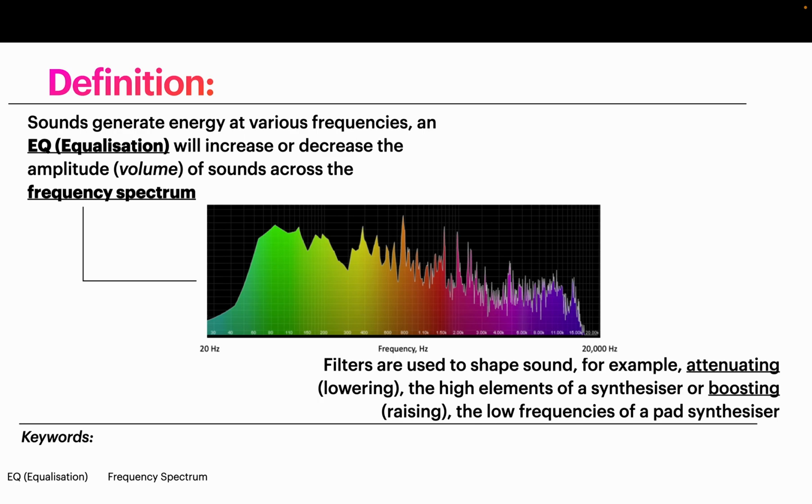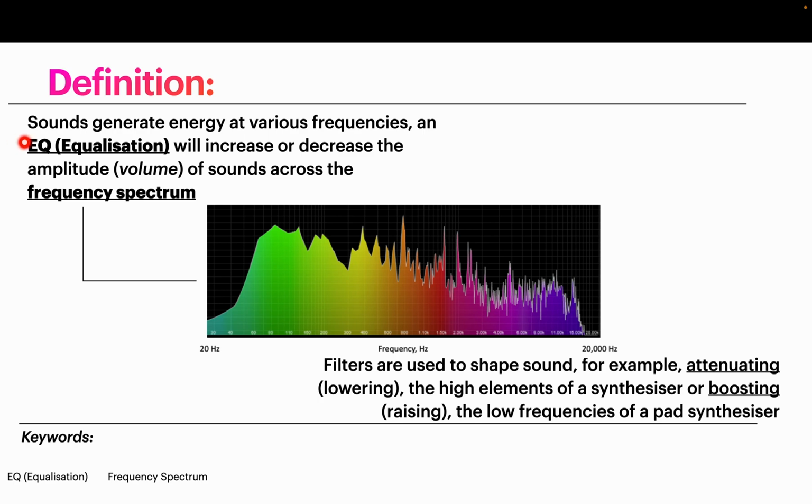So in the first sense, what I want to do is go through exactly what the definition of EQ is, and then move on to what a filter is. So let's look at this first area. Basically, every sound or every instrument has certain energy at a variety of different frequencies.